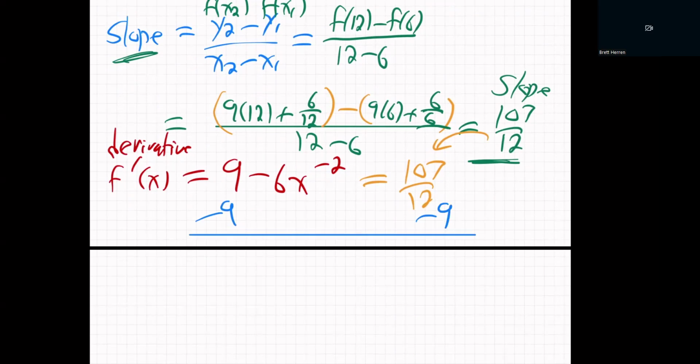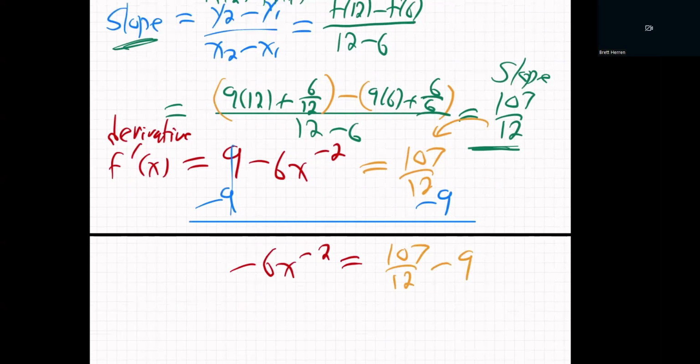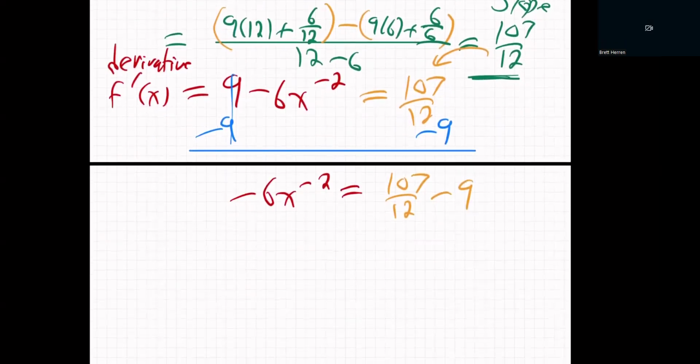Let's prove it's true. We get minus 6x to the minus 2 equals, I'm going to type all this into the calculator in a minute, minus 9, and then just divide both sides by minus 6.